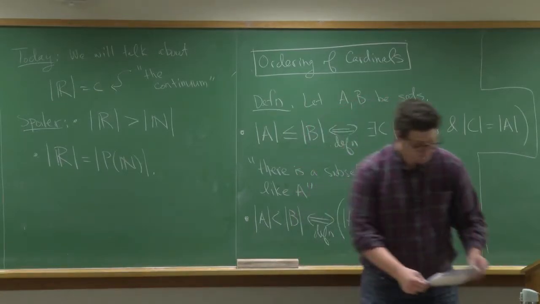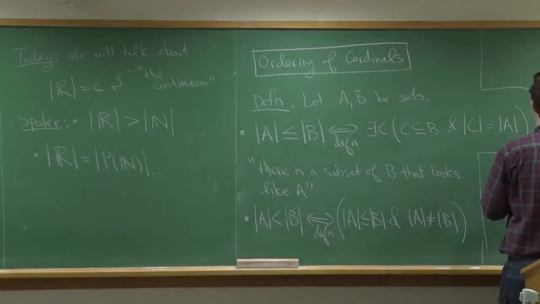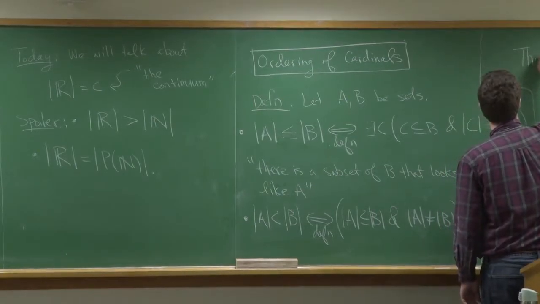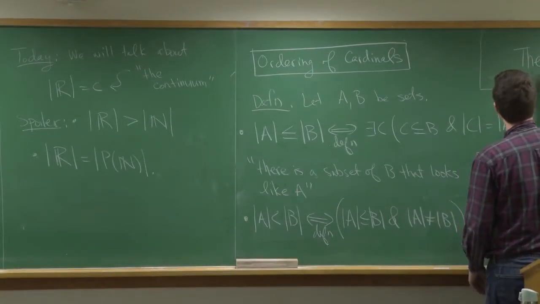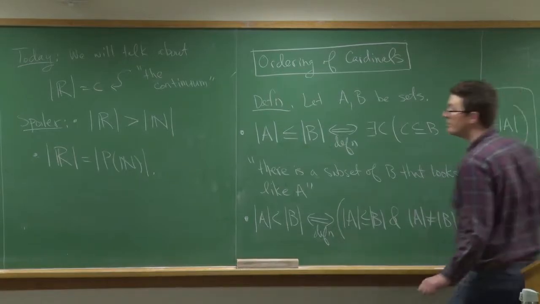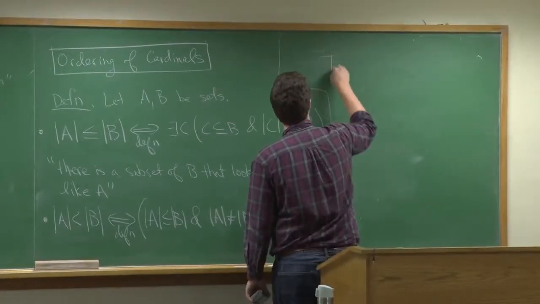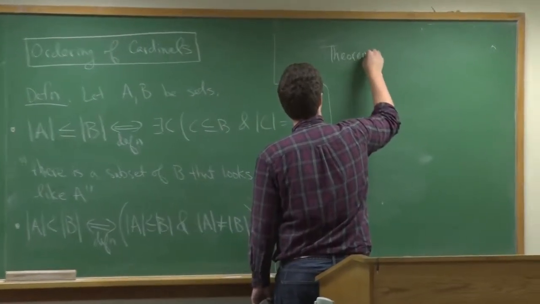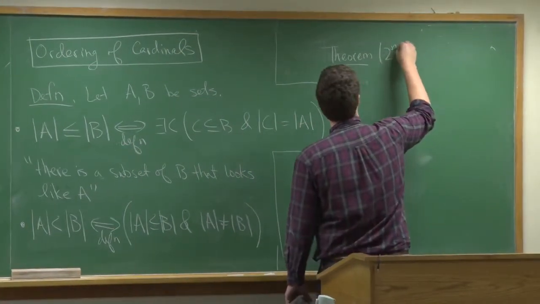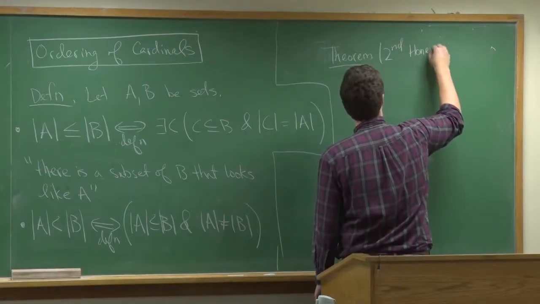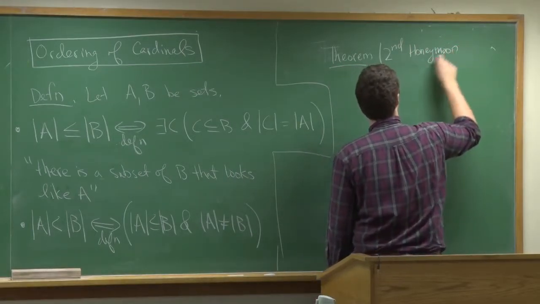All right. So let me prove a theorem. Let me start over on the other board. Well, let me state it over here. So theorem. So this is like the second theorem.